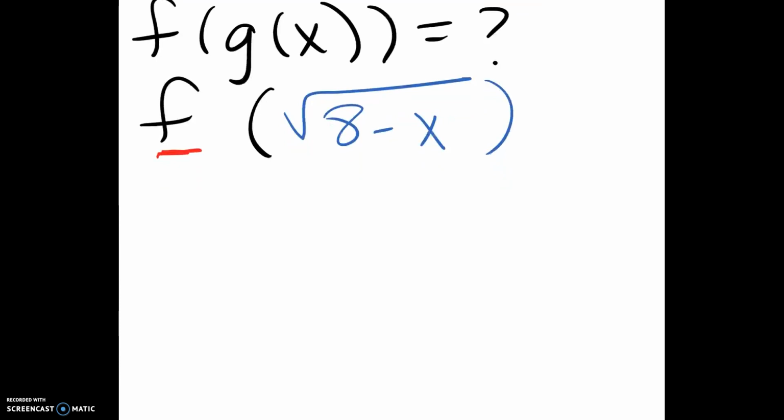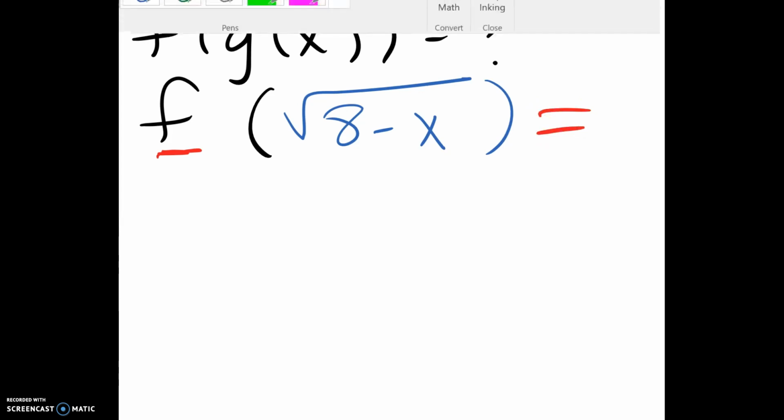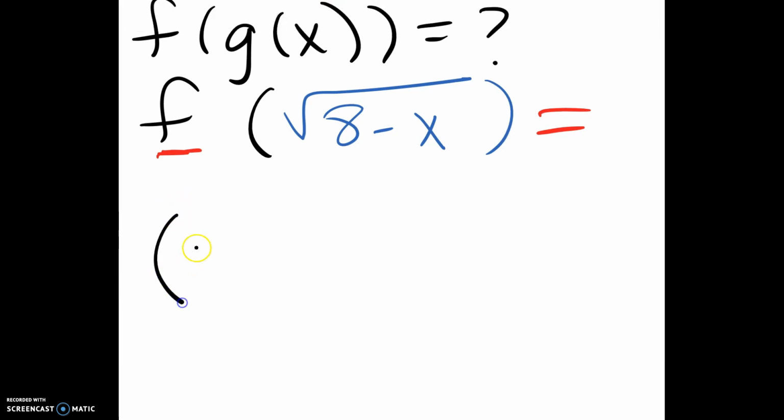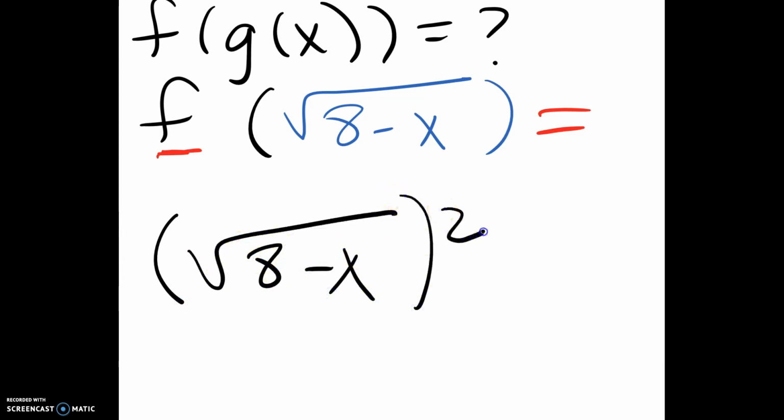So then our function f of the square root of 8 minus x will equal the square root of 8 minus x squared plus 3. The square root and the squared are inverse operations.